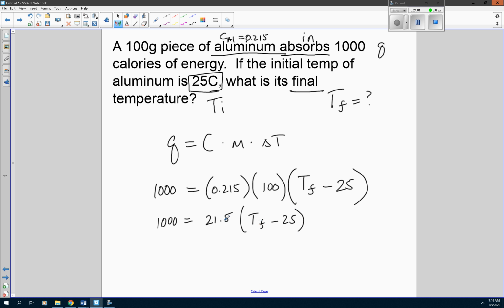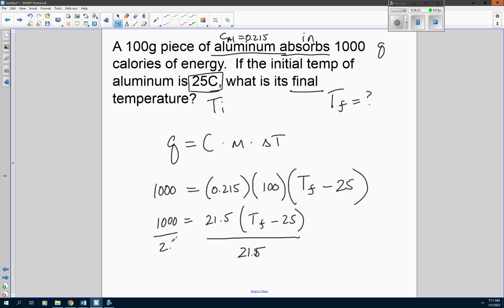Now I can't just divide away the 21.5 here. Actually, I am forgetting myself. We can divide this. So if I want to get TF minus 25 all on its own, I am going to divide both sides by 21.5.